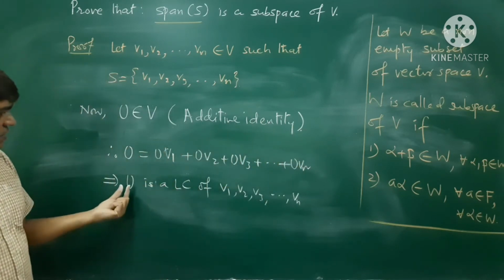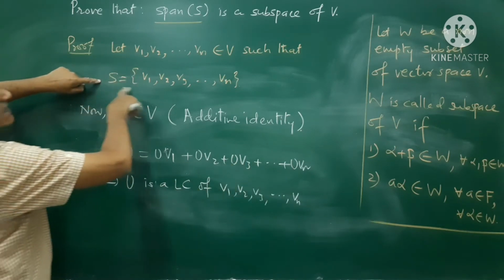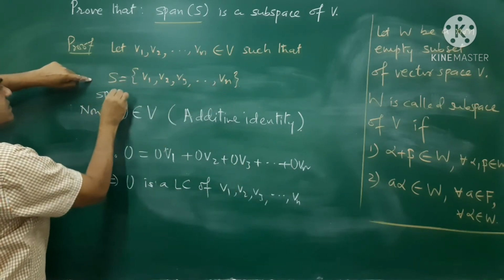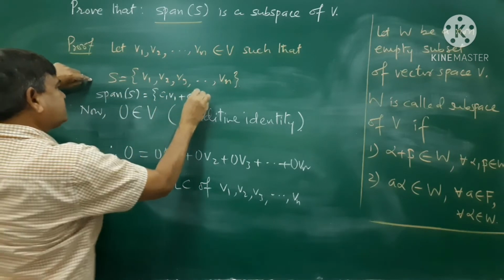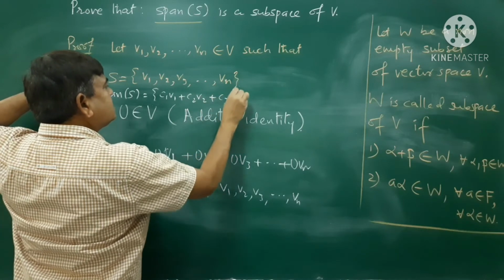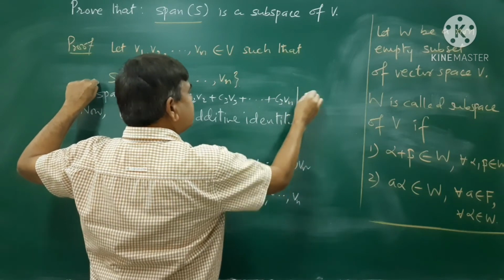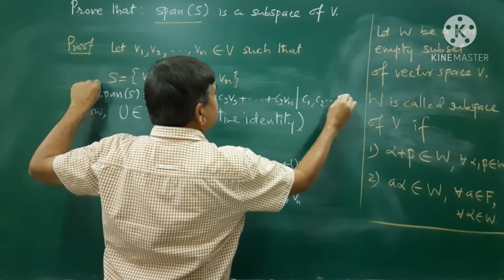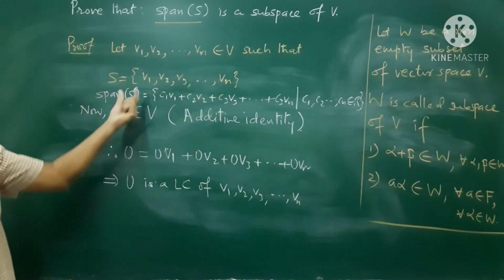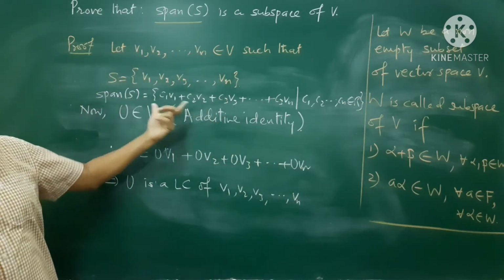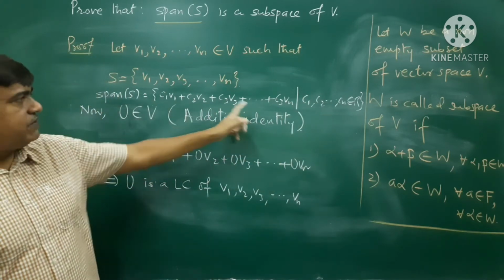So if S is this one, then span of S has elements of the form C1 V1 plus up to Cn Vn, such that C1, C2 up to Cn belong to R. That means linear combinations of V1, V2 up to Vn.